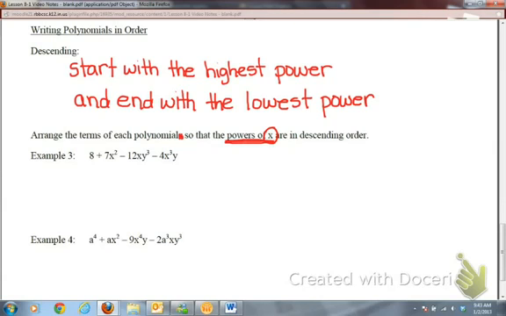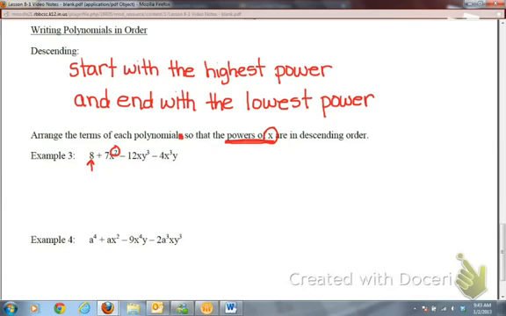So in the first example, I guess here we also have 2 variables. So the first term, 8, doesn't have an x at all. So its power of x would be 0, so it'll actually be the lowest. But for our second term, 7x squared, here you have a 2. The third term is a 12xy to the third power.